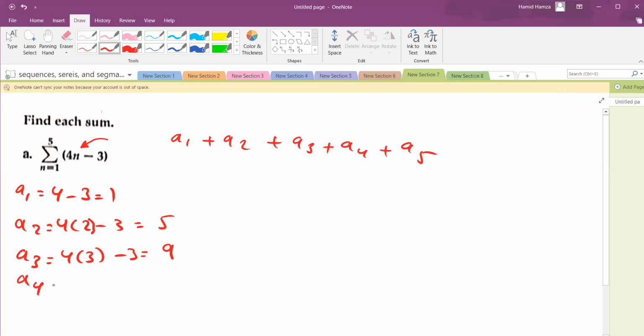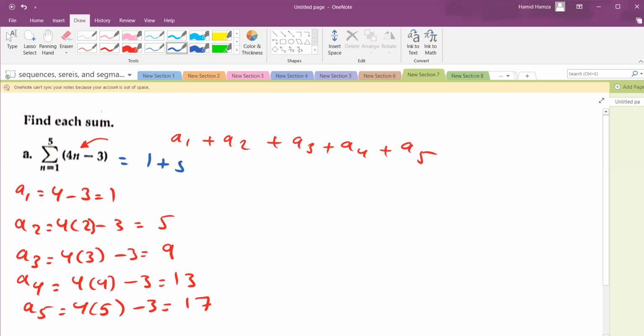Then A4, 4 multiplied by 4 minus 3, so it will be 13. And A5, 4 multiplied by 5 minus 3. So 20 minus 3, it will be 17. So that's it. So this one will equal 1 plus 5 plus 9 plus 13 plus 17. 30, 40, 45. So the answer will be 45. Understand this part?